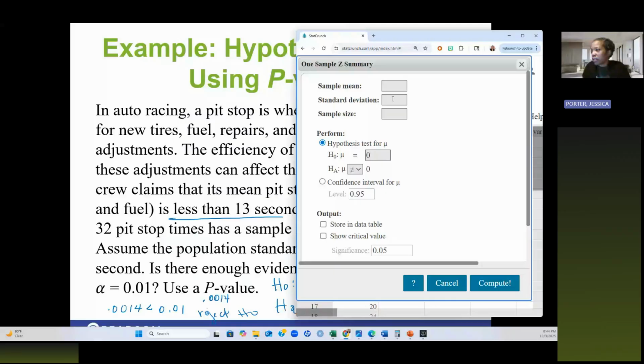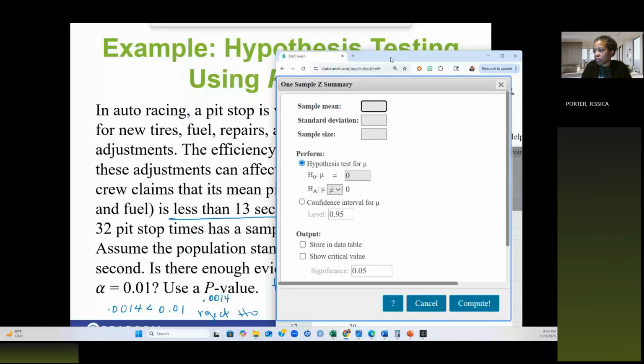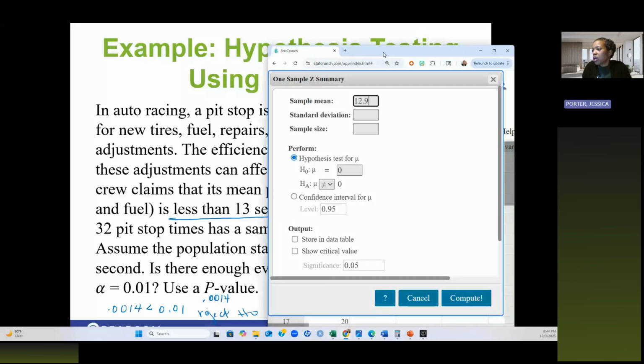Sample mean was 12.9. The standard deviation was 0.19. The sample size, 32. And here we are, a hypothesis test. Notice before we were doing the confidence interval, now we're looking at the hypothesis test. But in StatCrunch, it just has an equal sign for the null hypothesis.